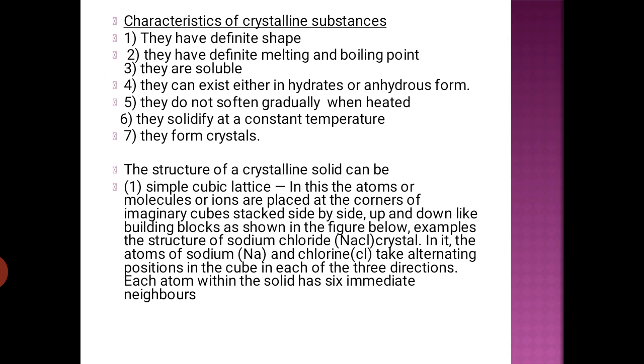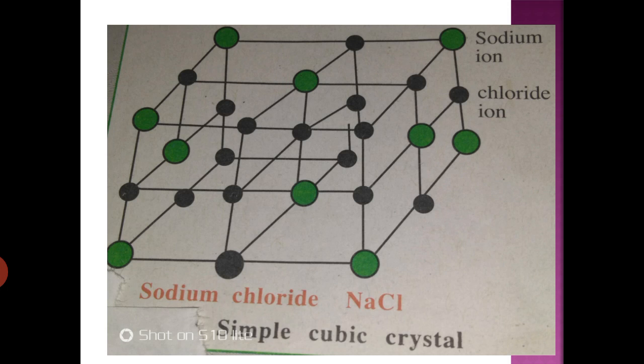Each atom within the solid has 6 immediate neighbors, as you can see in that diagram. That diagram is self-explanatory. That's the diagram of a simple cubic crystal, sodium chloride as the example.